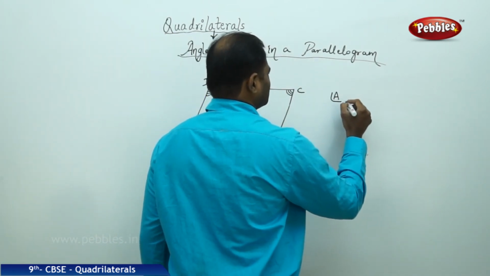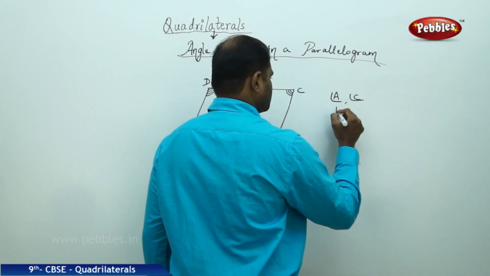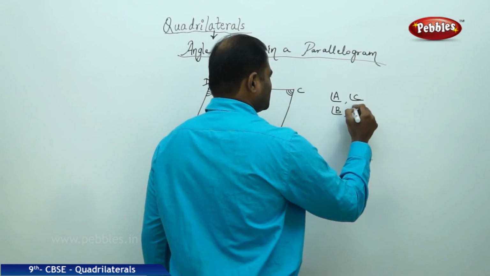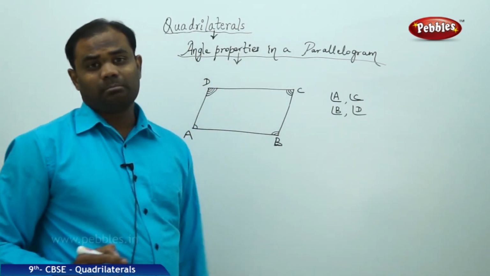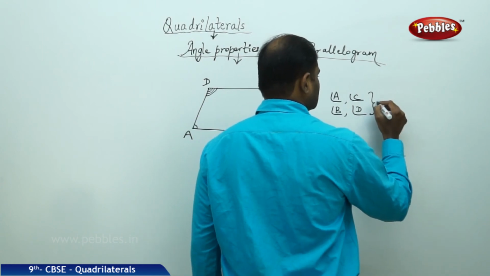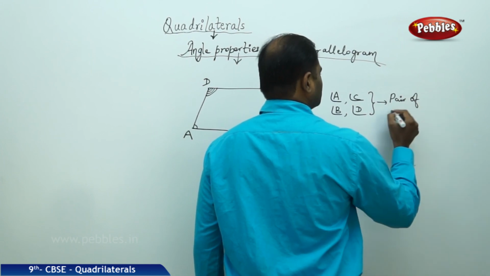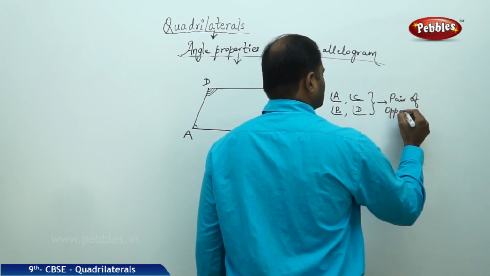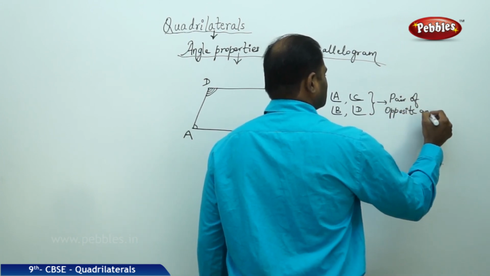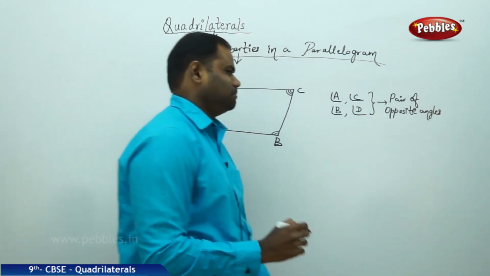Angle A, angle C, angle B and angle D are called pairs of opposite angles.